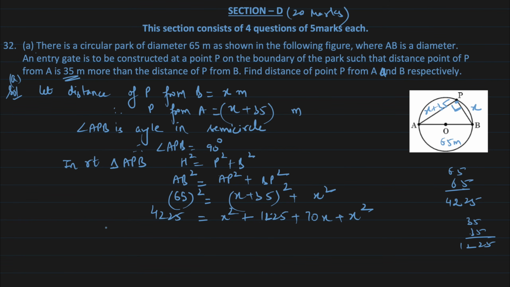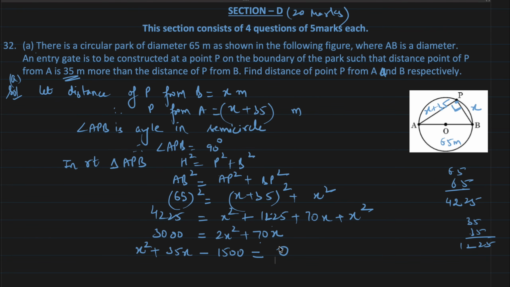Okay, so bring this here. 4225 minus 1225 will be 3000, right? After minusing, 2x square plus 70x. I can divide the whole equation by 2 and transposition करके what I'll get, x square plus 70 divided by 2 will be 35x minus 1500 equals to 0. That will be your quadratic equation.